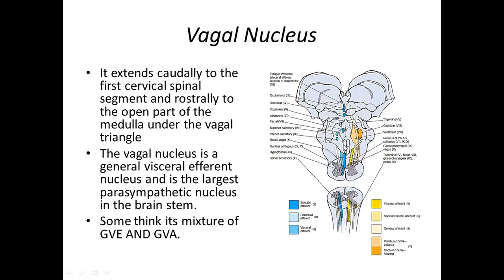I've already told you it belongs to the general visceral efferent and general visceral afferent column, as some of the authors think it to be a mixed type of nucleus. It is the largest parasympathetic nucleus of the brain stem. Dorsal motor nucleus of the vagus.